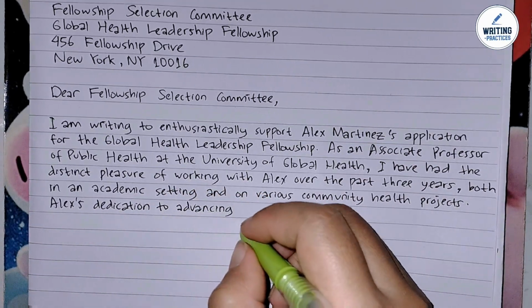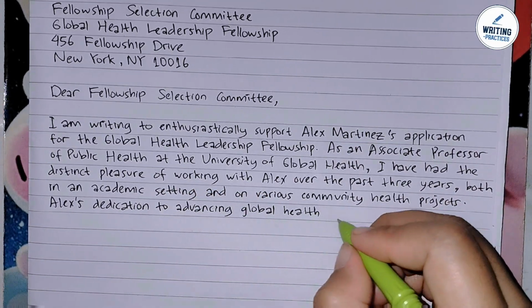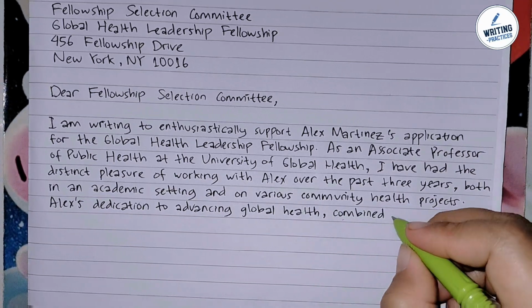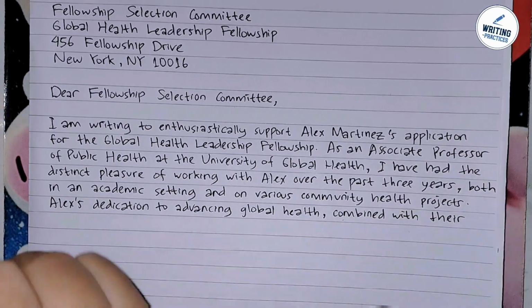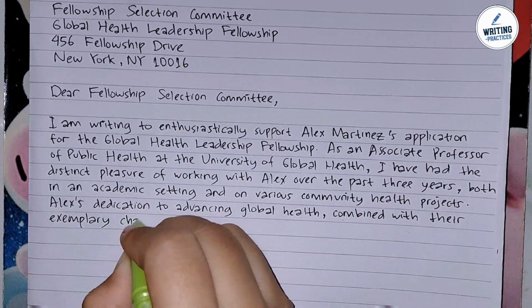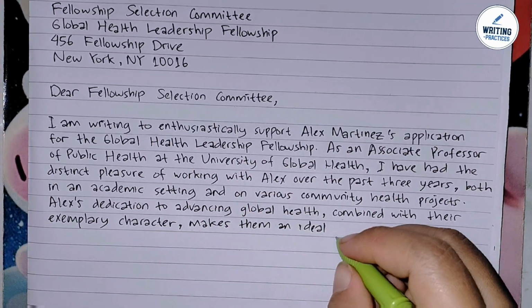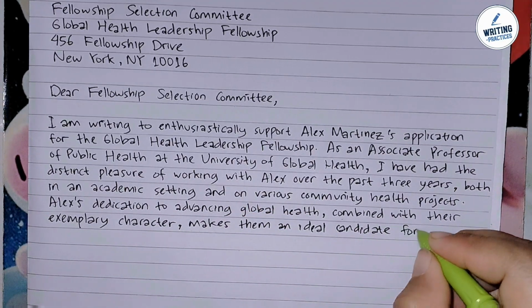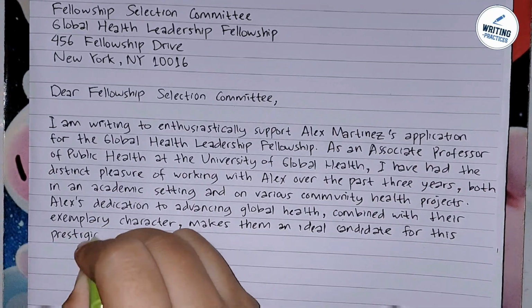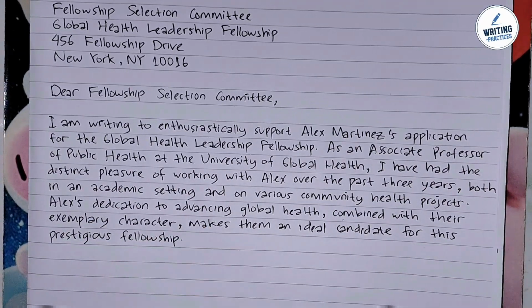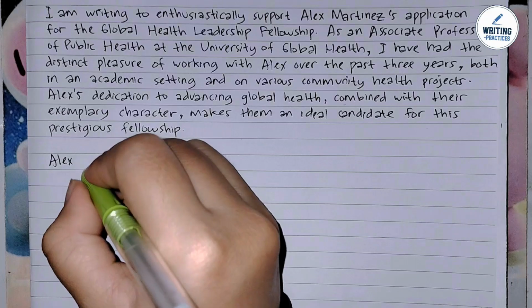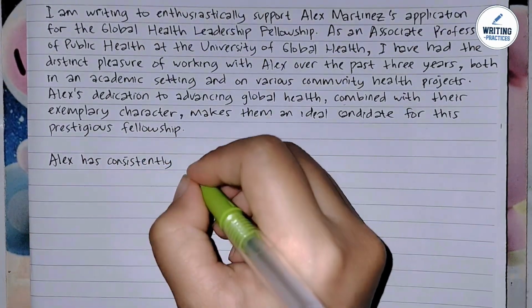After that, you can state the purpose of the letter, which is to support the applicant's application for the fellowship. You may write it this way. Alex's dedication to advancing global health, combined with their exemplary character, makes them an ideal candidate for this prestigious fellowship. In paragraph 2, write the applicant's dedication and skills.